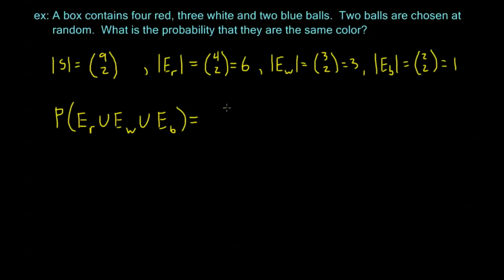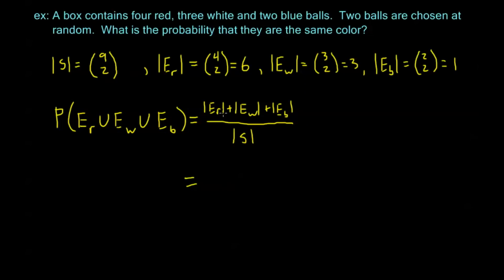I can't choose 2 red balls and 2 white balls. So this is just the order of E sub r plus the order of E sub w plus the order of E sub b over the order of S. Or you could think of this as you could find the probability of each of these events individually and then add that all together. That's fine too. That's exactly what we're doing right here, isn't it?